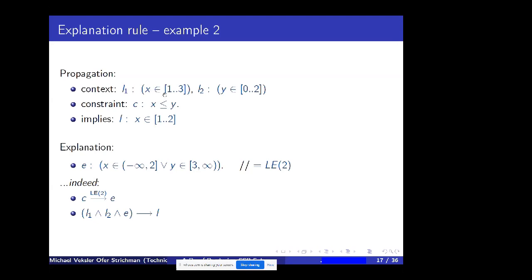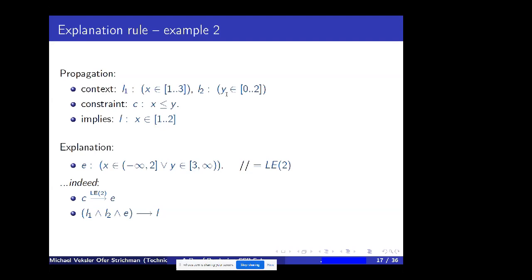Well, let's look at this. Since x is between 1 and 3, and here it says that x is smaller or equal than 2, then this becomes false. If this becomes false, then y has to be at least 3. I'm sorry, I had to go the other direction. Sorry about that.